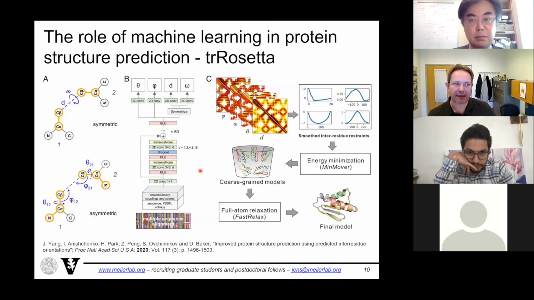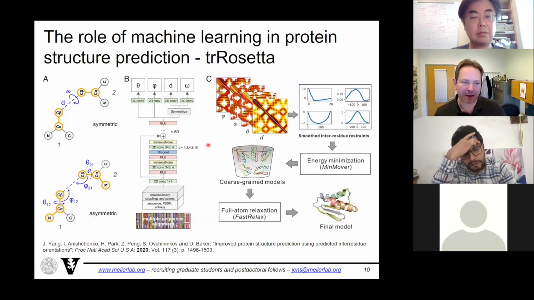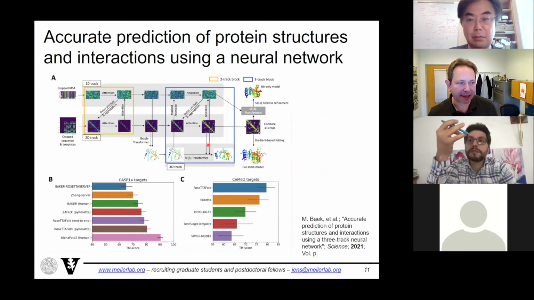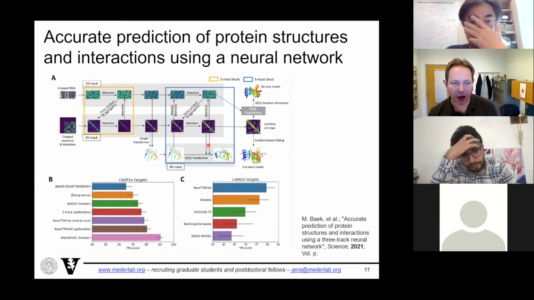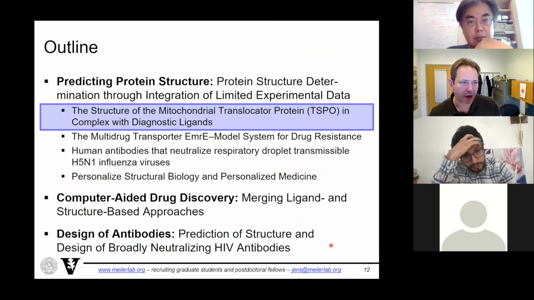Just wanted to say that also Rosetta has these machine learning algorithms implemented, and they're constantly improving, and people are working on those. And so there is definitely a lot of research also recently coming out of the Rosetta community, learning how to use these machine learning algorithms for these type of tasks.